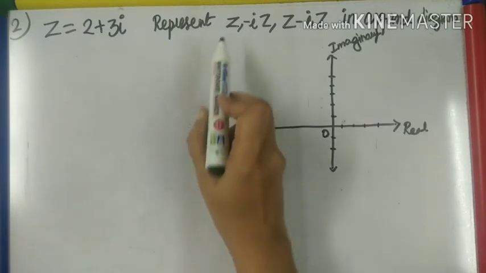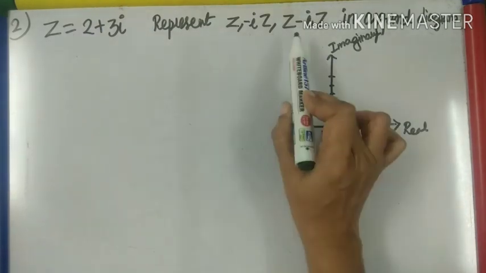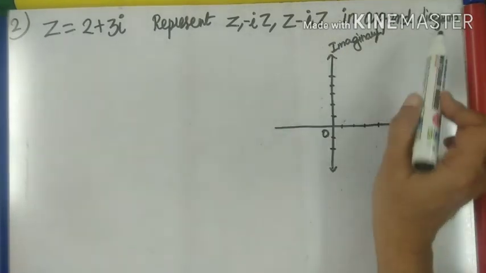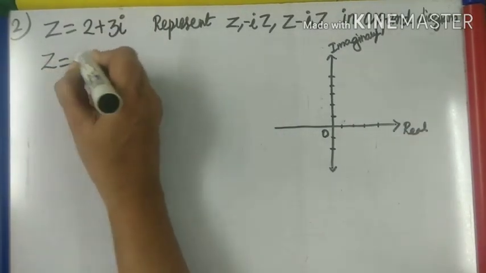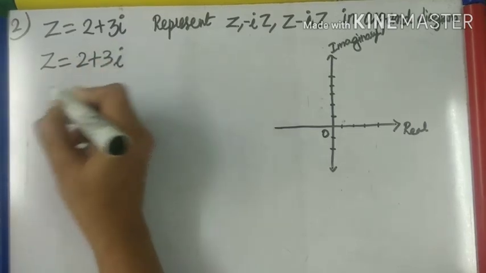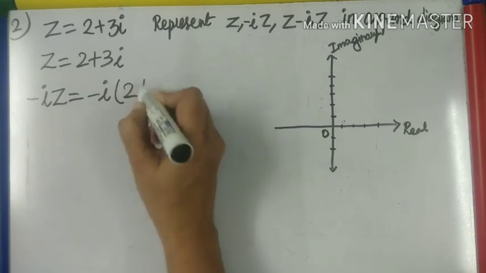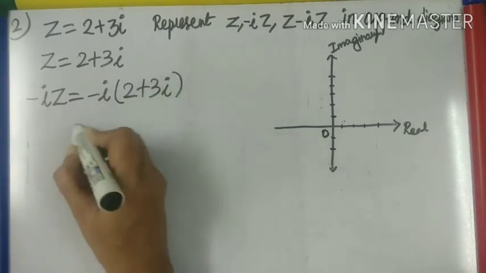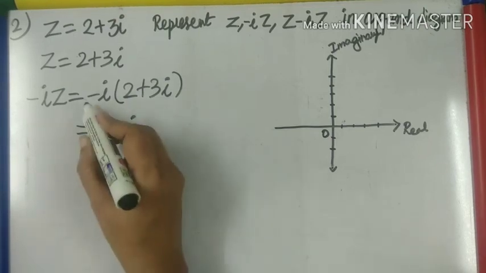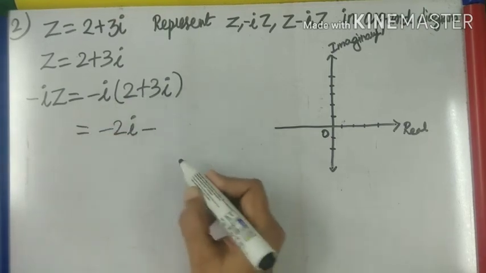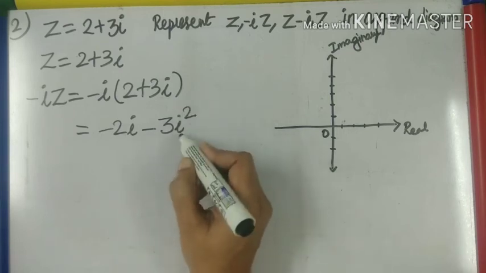We also need to find z minus iz in the Argand diagram. z already we know is 2 plus 3i. Now I want minus iz. Minus i into 2 plus 3i. Minus i into 2 is minus 2i. Minus into plus, minus 3i square. i square is minus 1.